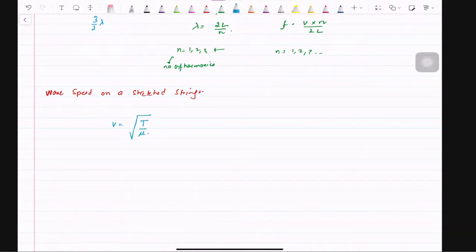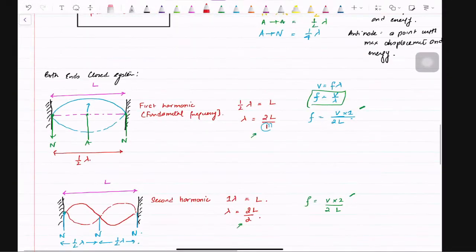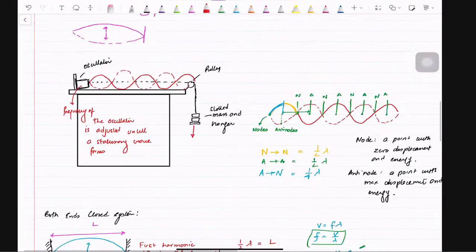Now what are these? V obviously is the speed of wave. T is the tension in string. Generally we find this by mg. Whatever the mass we are attaching will have a weight mg, which is equal to the tension in the string. Understood?